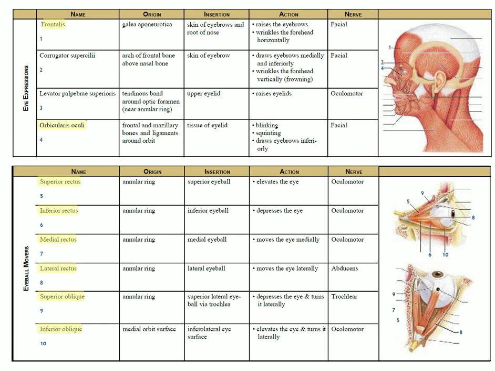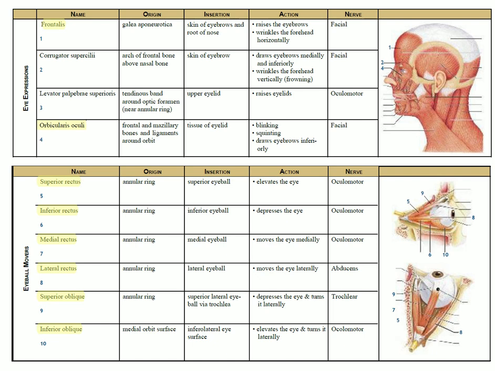And orbicularis oculi. So orbicularis, round, orb, right? Oculi, talking about vision, ocular vision. So what does the orbicularis oculi muscle do? It circles the eye. That one allows you to squint. So the frontalis and the orbicularis oculi are both muscles used in eye expressions.